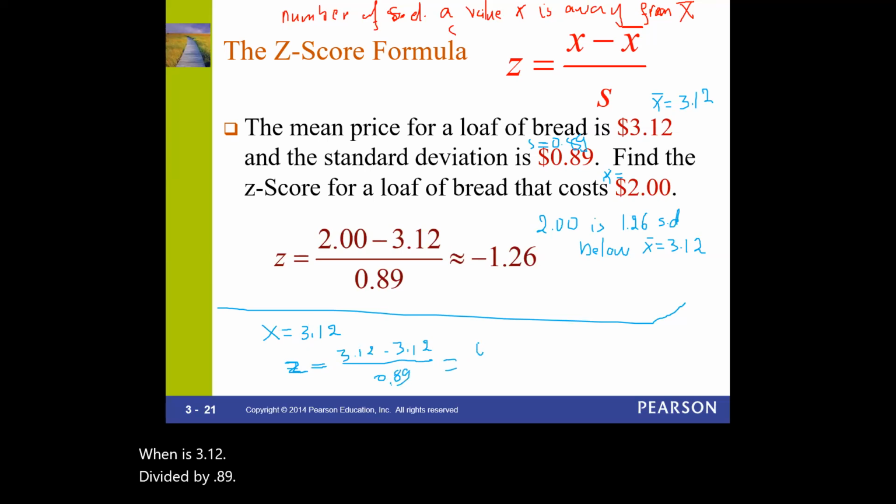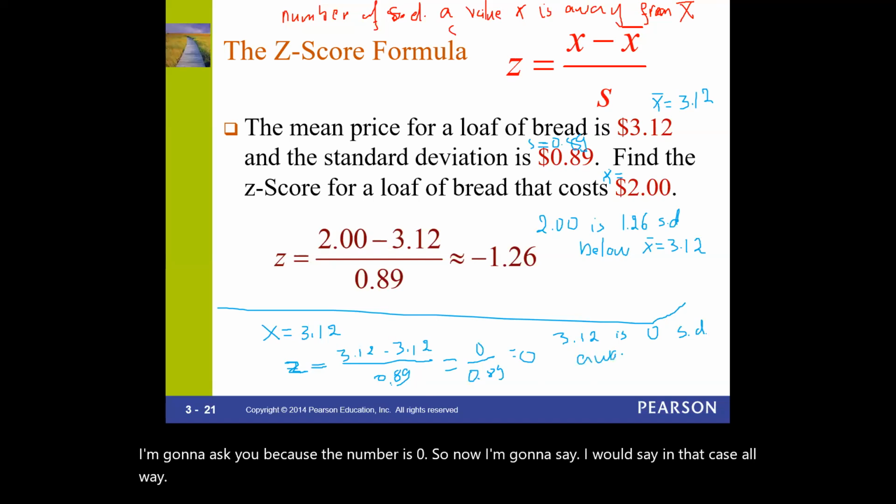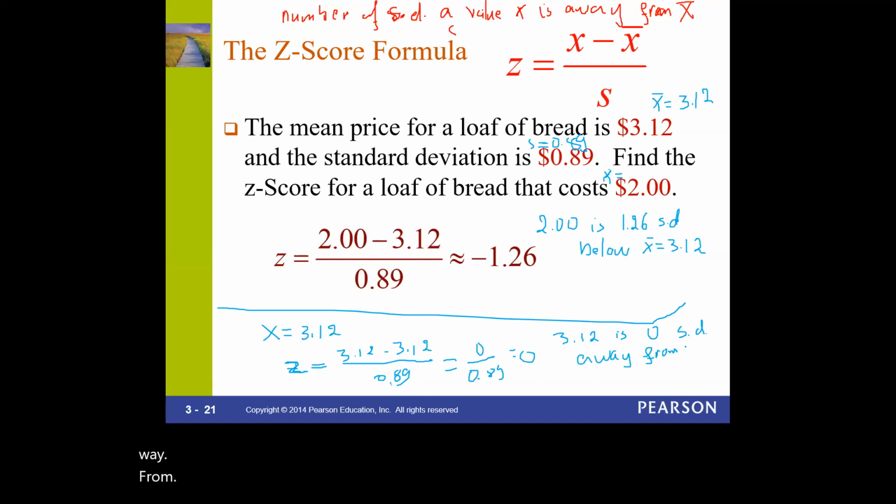That's going to give you 0 over 0.89, which gives you 0 again. That means 3.12 is 0 standard deviations. For 0, there is no such thing as either above or below, because the number is 0. So in that case I would say away from x bar.